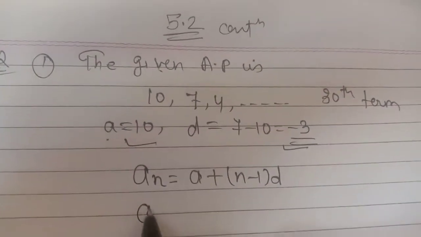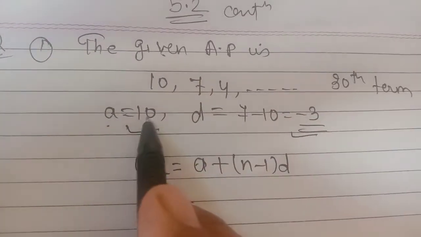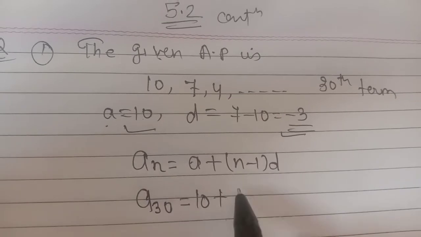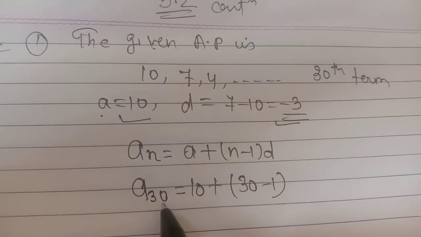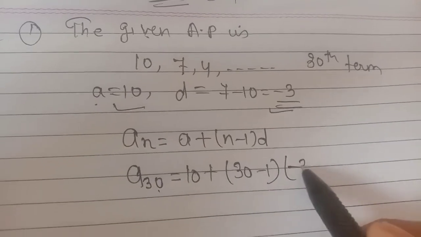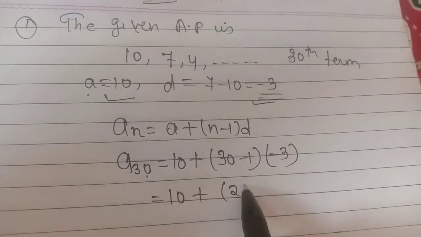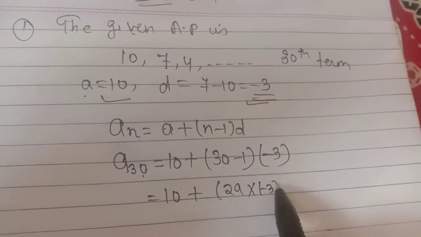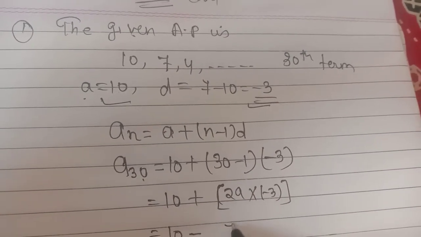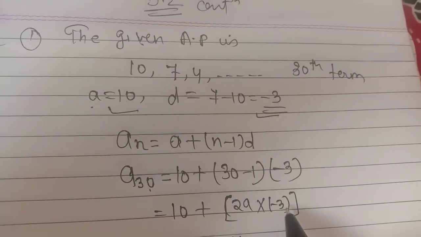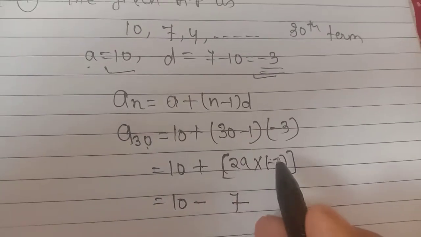So we have to find a_38. The value of a is 10 here. It is 38 minus 1, because that is the value of n, and into d, d is minus 3. So 10 plus 37 into minus 3. So 10 minus, why minus? Because plus into minus is minus.